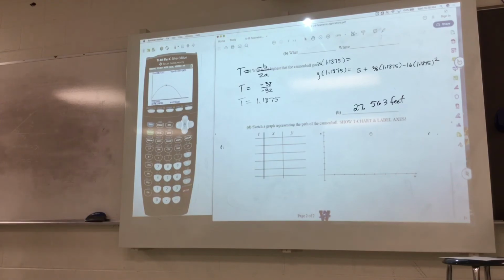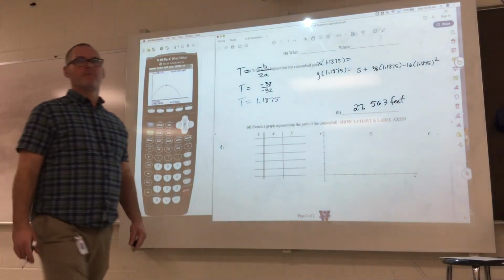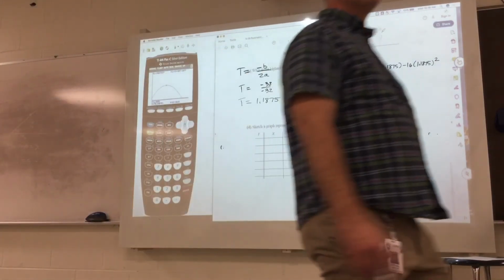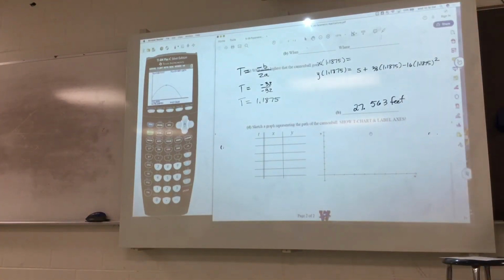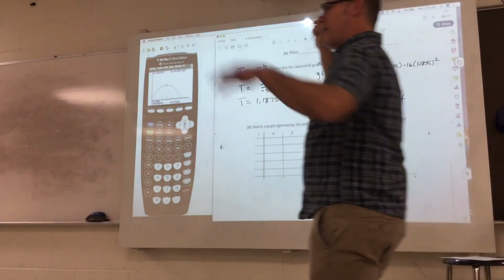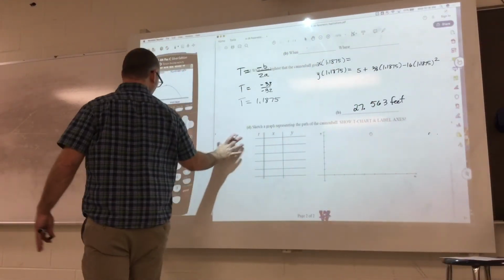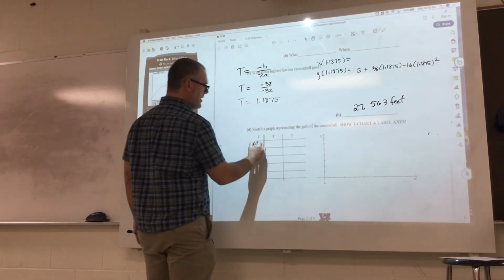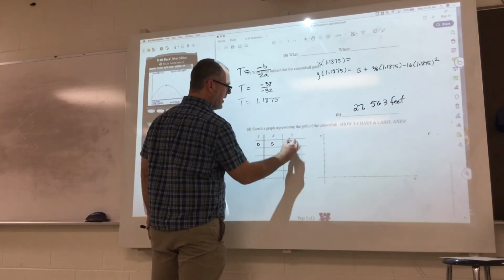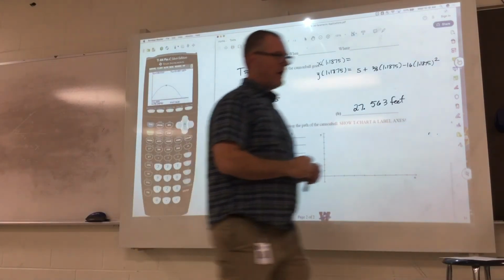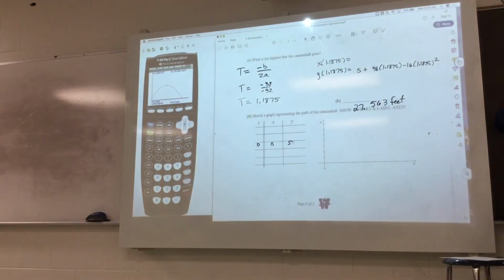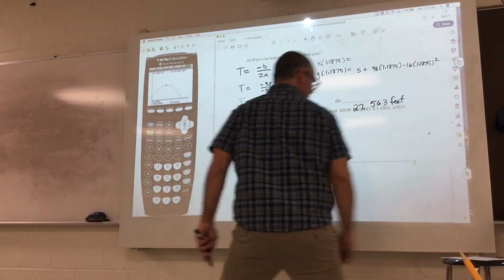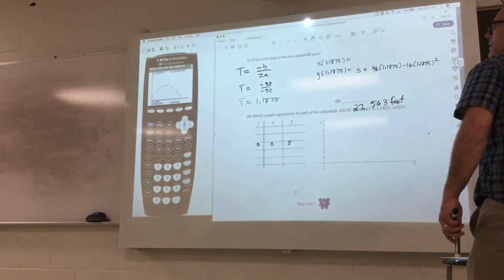How many points is great for a quadratic? 3. I'm just going to use the initial, the vertex, and the root, even though this has more rows than we need. So at t equals 0, the x was 0, the y was 5.